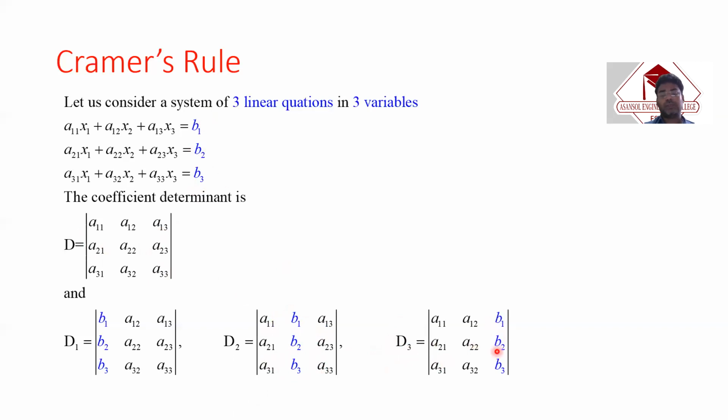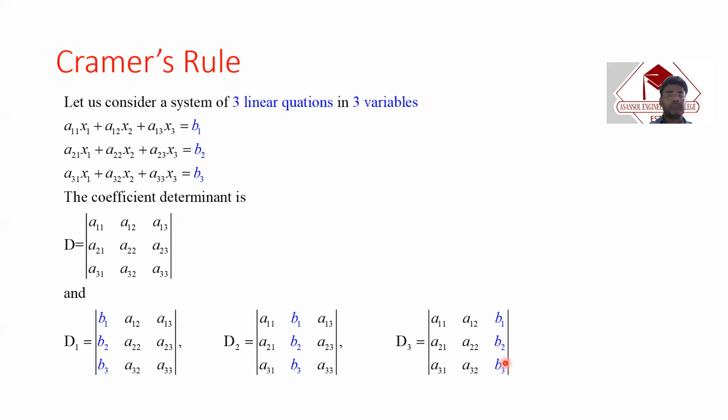I have marked this with color so you can understand. The first and second columns remain the same as in D. If anything is wrong with D, you will automatically get wrong D1, D2, D3, so be careful to find the coefficient determinant D.